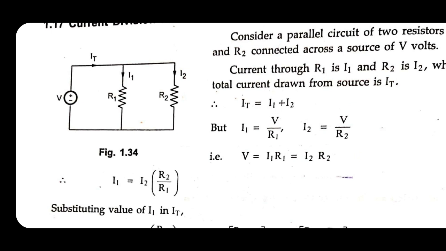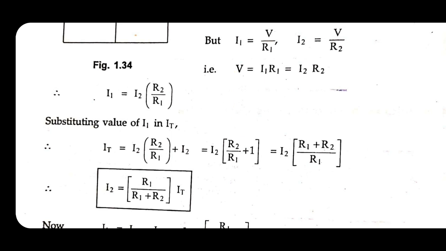So current I1 is equal to R2 upon R1 plus R2, multiplied by the total current IT. R2 is the opposite resistance of R1, divided by the total resistance R1 plus R2, multiplied by the total current IT. So this is the formula.